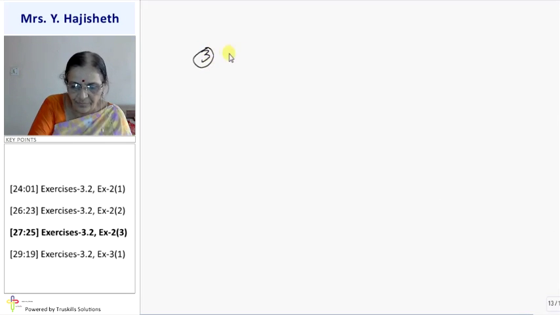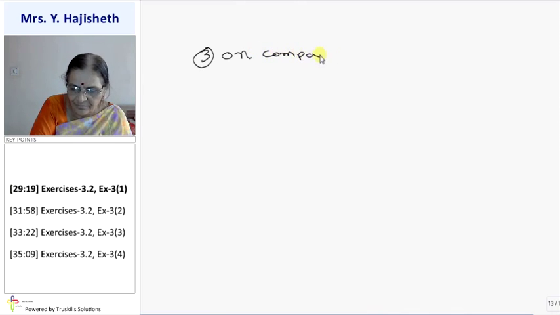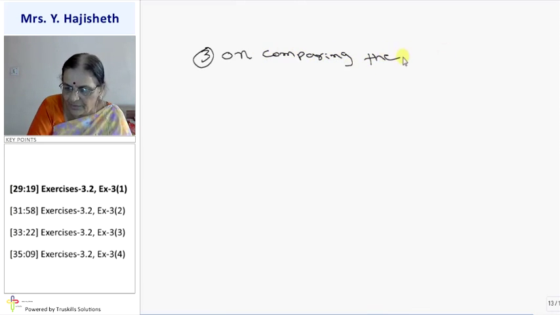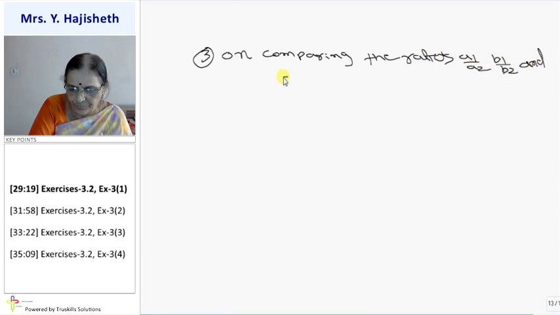Third sum is on comparing the ratio A1 by A2, B1 by B2 and C1 by C2.